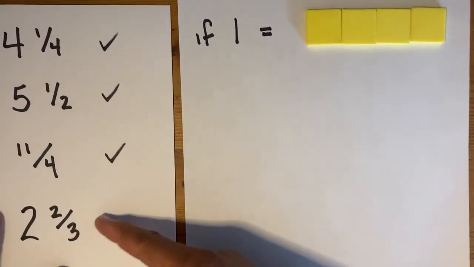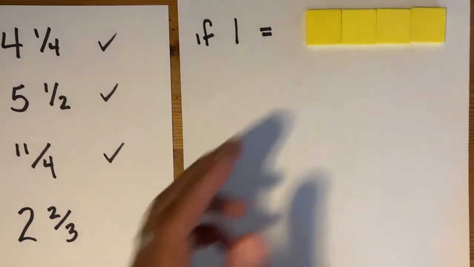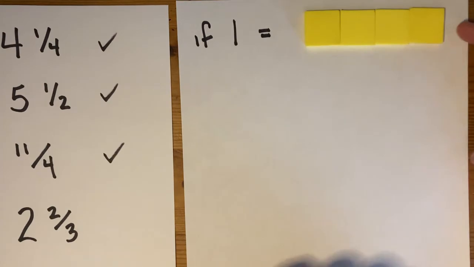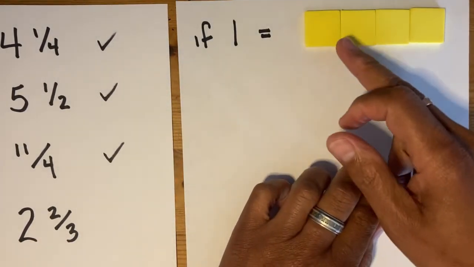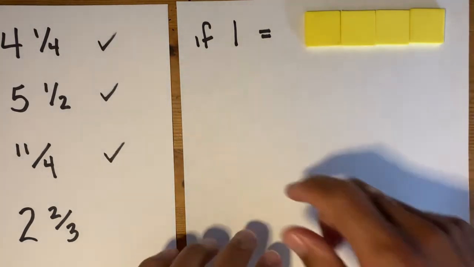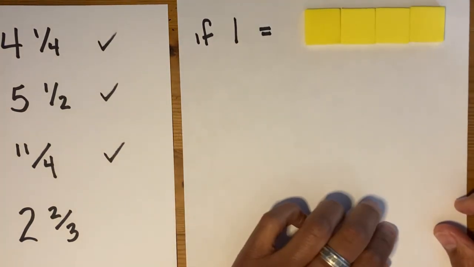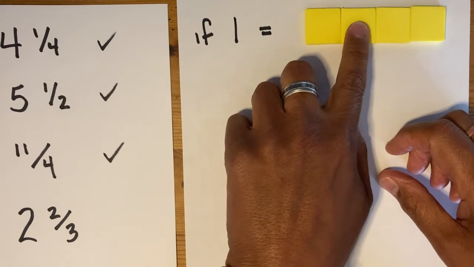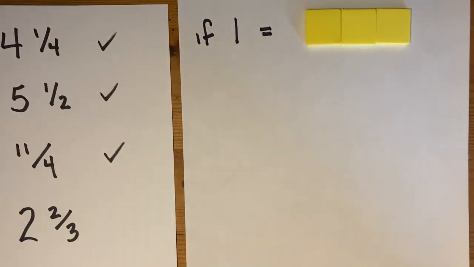Now this last one, 2 2/3, was a little tricky because I could definitely make 2 wholes if this is 1, but how am I going to do 2/3 when I've got 4ths here? And so I thought, you know what? I'm going to change my representation of 1. I'm changing it now so that I have 1/3, 1/3, and 1/3 equals 1.